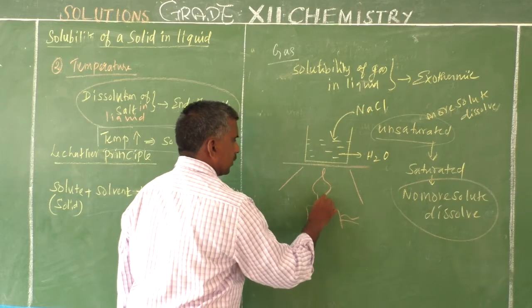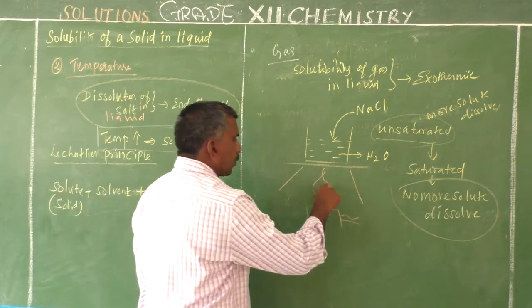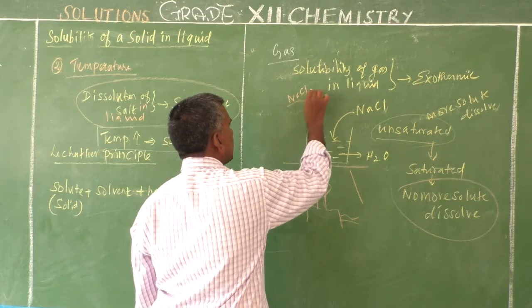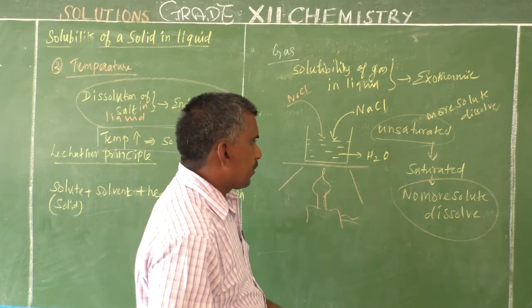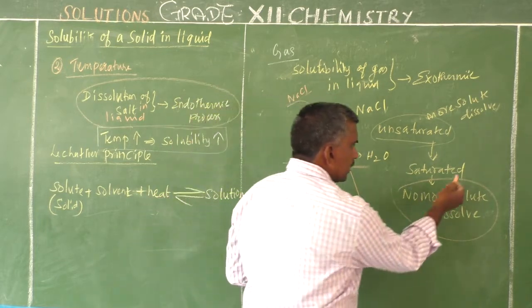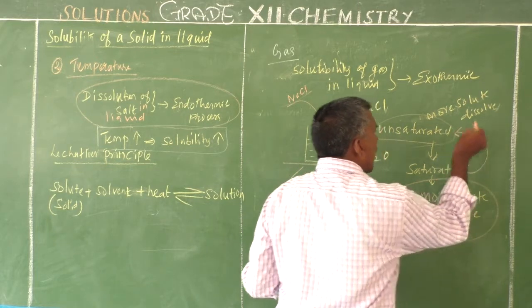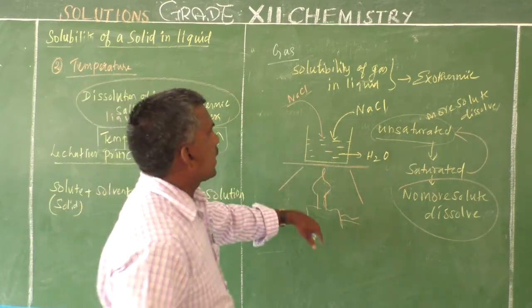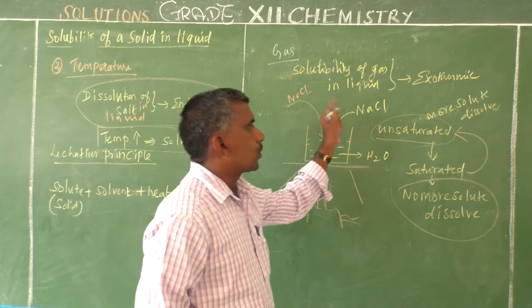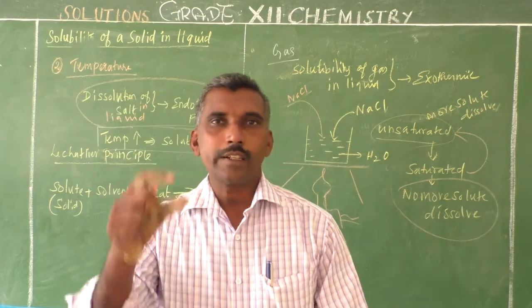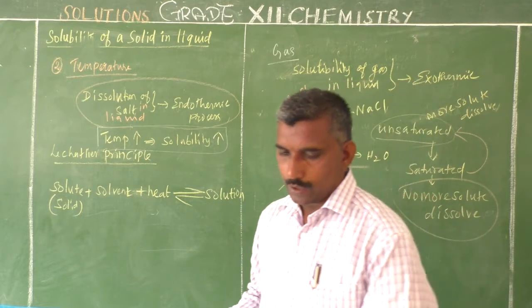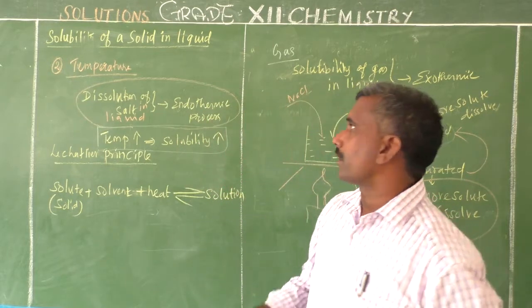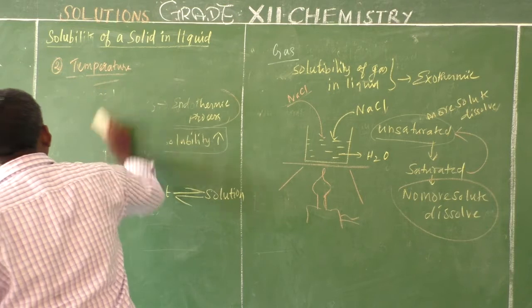As the temperature increases, you add extra NaCl and it dissolves. The saturated solution is converted into an unsaturated one, and more solute NaCl can be added. So as temperature increases, the solubility of the solute increases. But there is an exception case. What exception case?